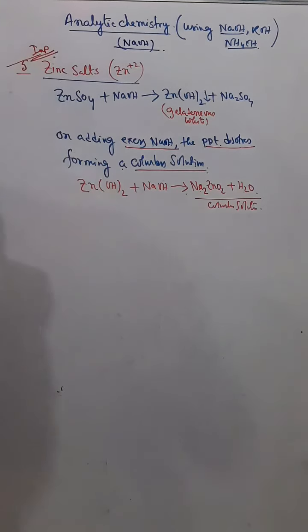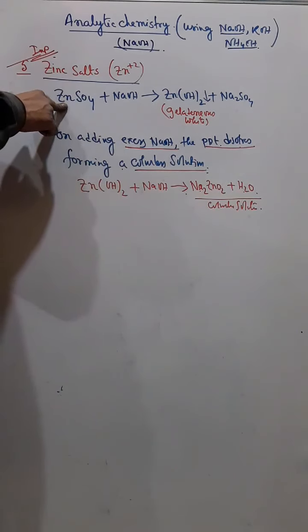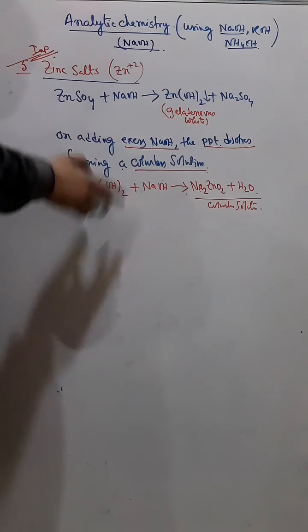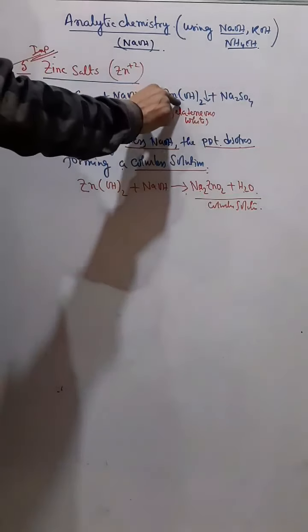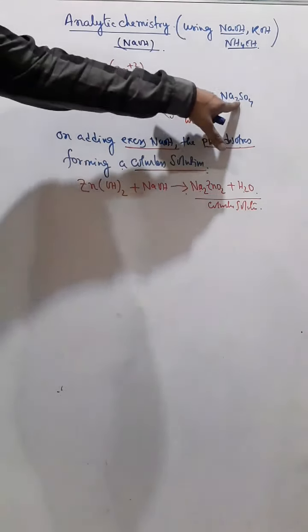So they generally ask this: what happens when we add NaOH solution to zinc sulfate or to zinc nitrate or to zinc chloride solution in excess? So anything you can understand, ZnSO4 plus NaOH, you will get Zn(OH)2 plus Na2SO4. If you take zinc nitrate plus NaOH, you will get Zn(OH)2 plus NaNO3.